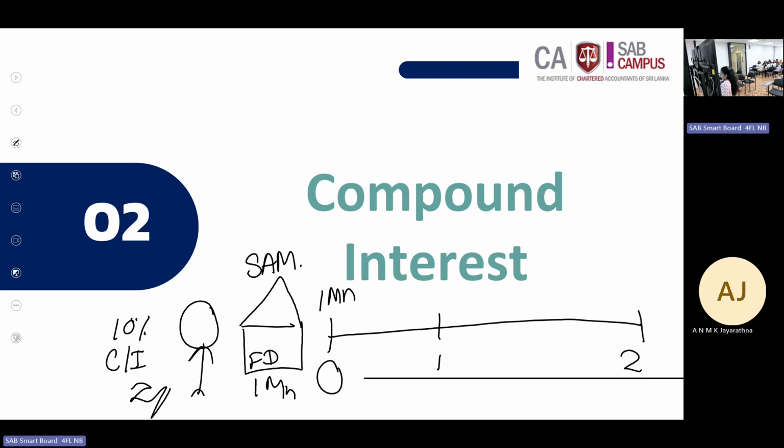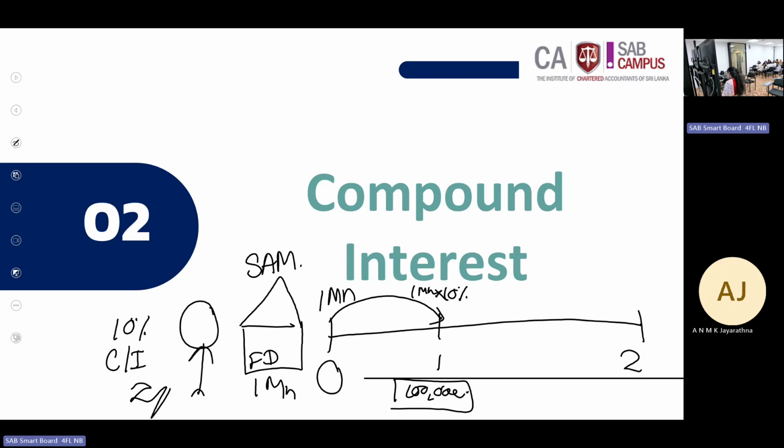At the end of the first year, how much interest can he have? 1 million multiplied by 10% interest, that is 100,000. If it were simple interest, you would just collect this at the end of the first year.